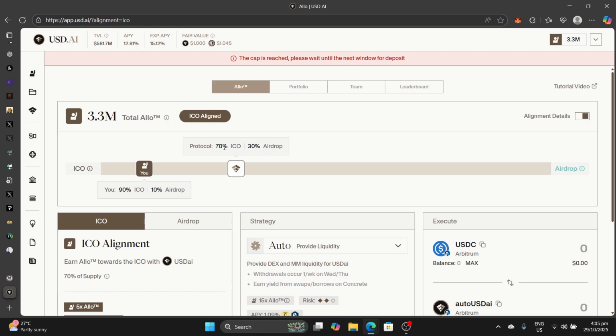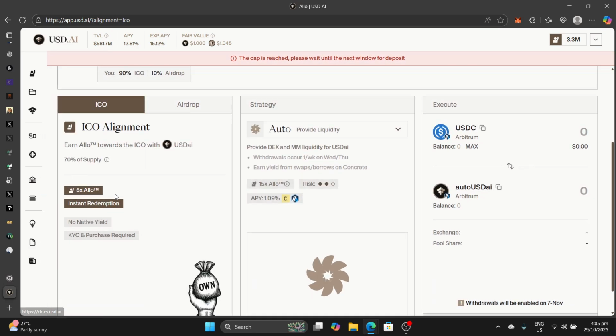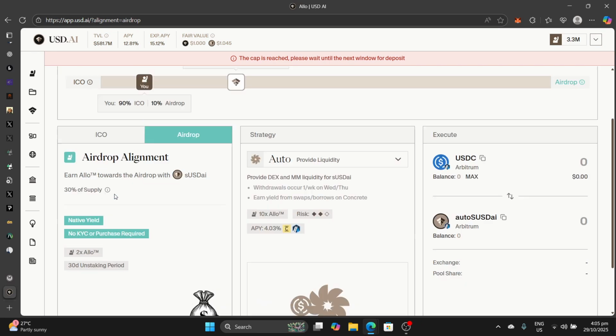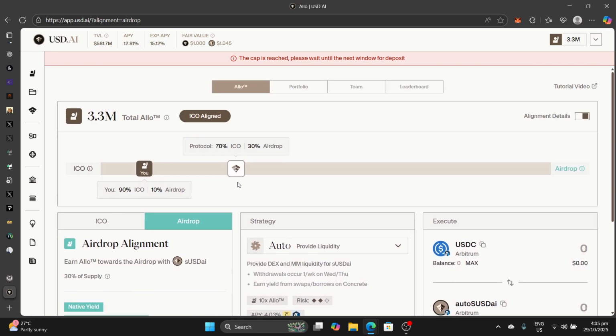Also, because of this multiplier, people see the 5x allo multiplier, they quickly incline towards that compared to the airdrop one, which is a 2x multiplier. But this is understandable, 2x multiplier because there's 30% of the supply in that category. Anyway, that's aside.